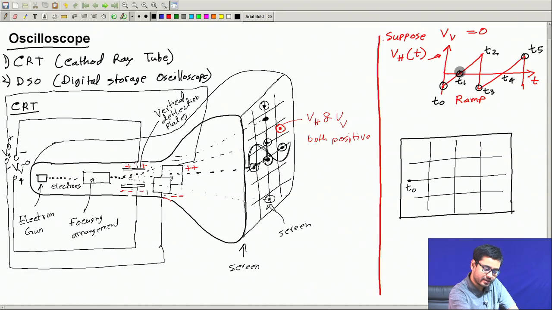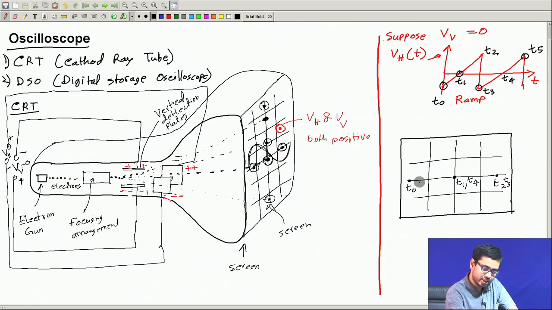At T1, this voltage is 0, so it will hit at the center. At T2, it will hit here, because the horizontal voltage is positive. T2 and T3 are the same time, practically the same time. Then at T4, it will come back again here.